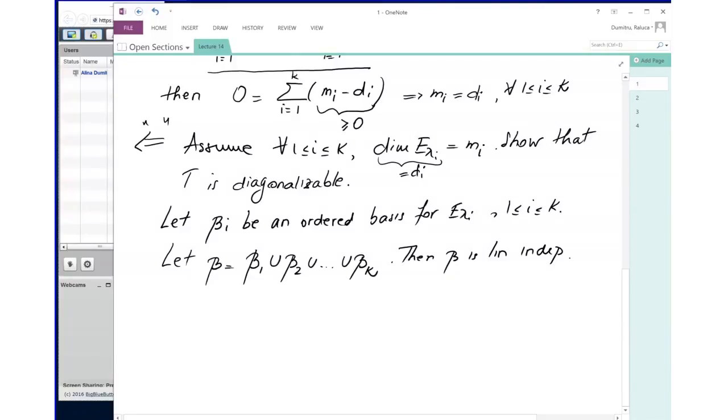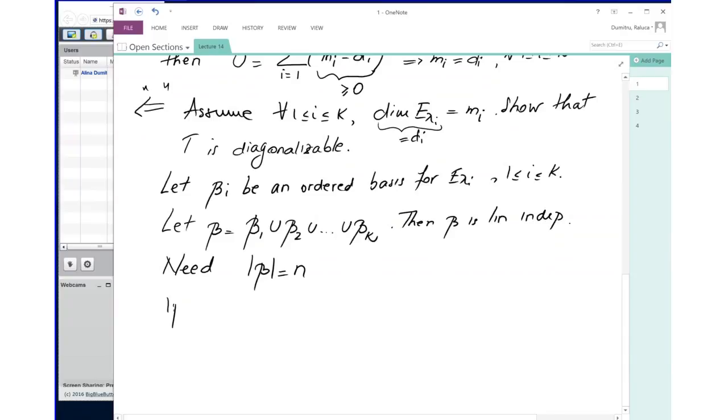In order to become a basis for V, it's enough to just show that it contains n vectors, right? An independent set of n vectors will be a basis. All right, but what is the cardinality of beta?